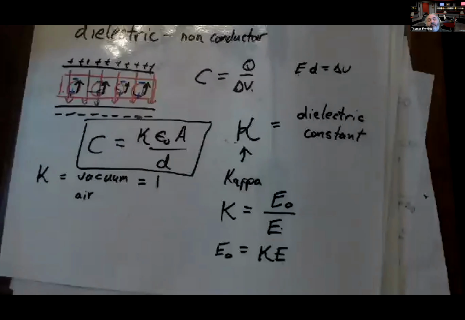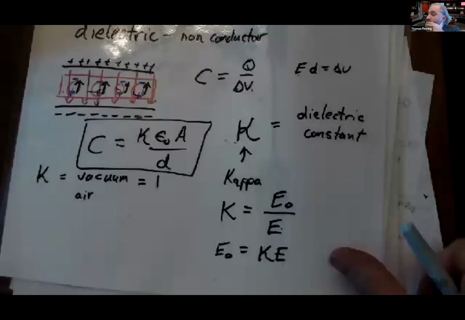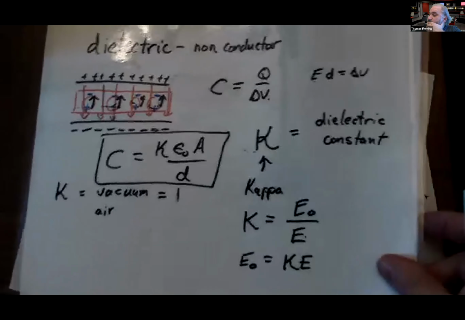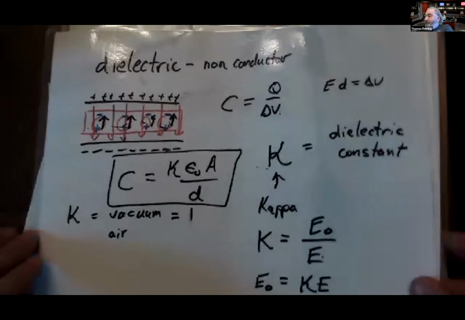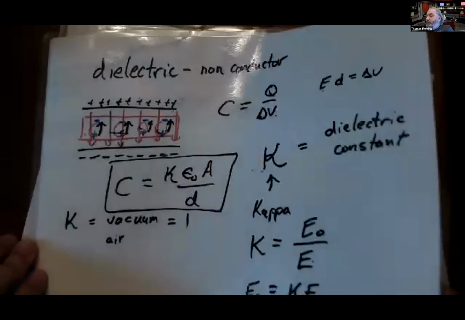The place we're going to go next is we're going to allow ourselves to have more than a single capacitor at once. So what happens if I have more than one capacitor at a time?